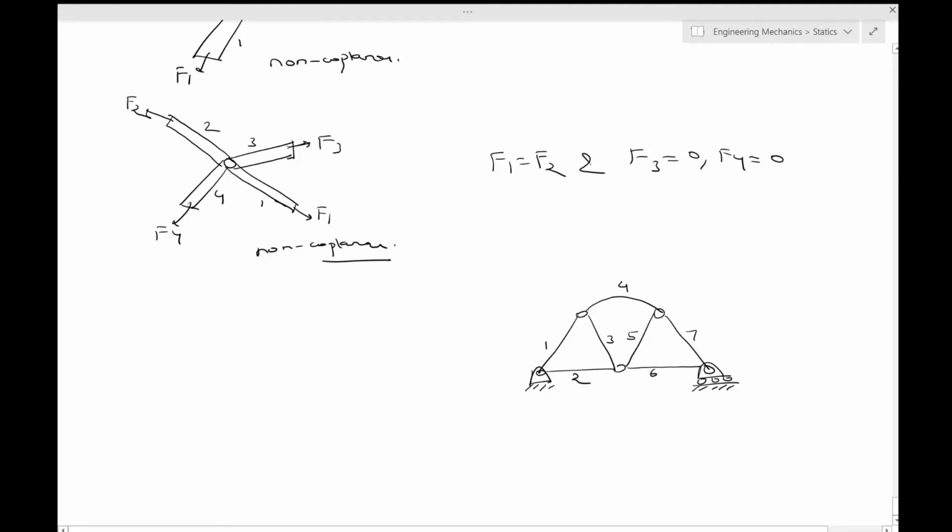Okay, so look at this member 4 of this. Curved member 4.